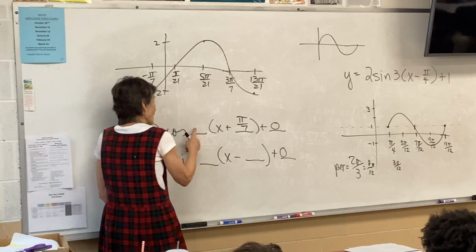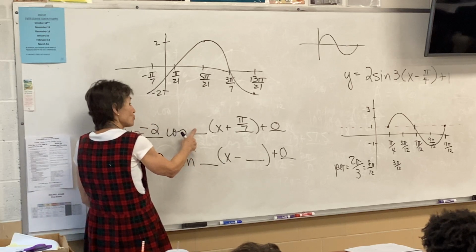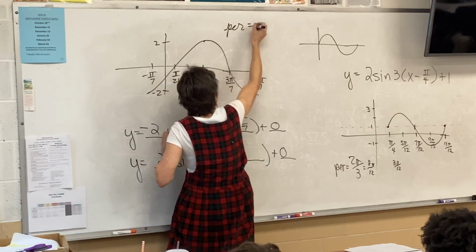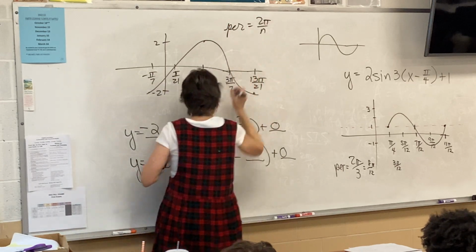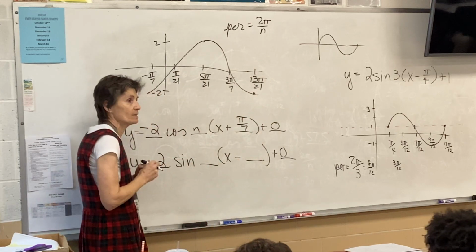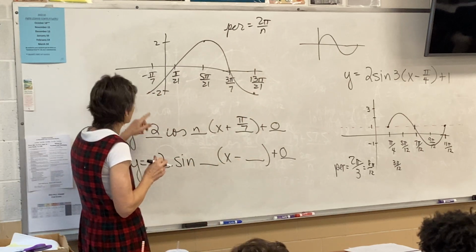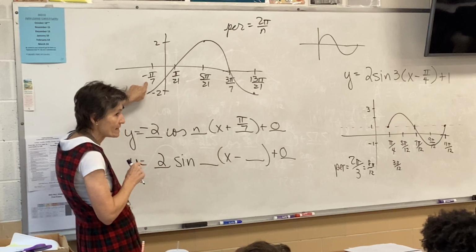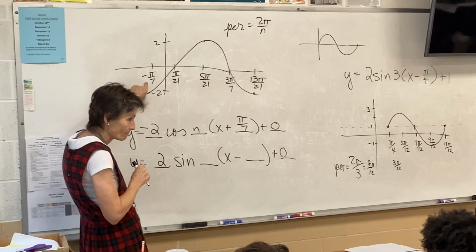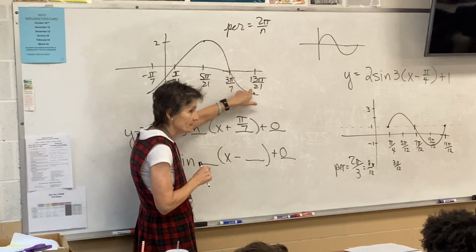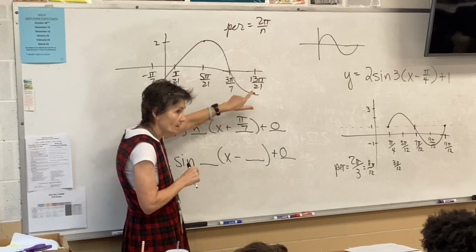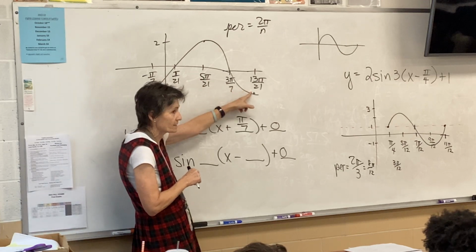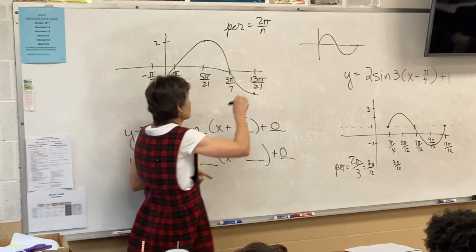And now I need to figure out this number, which controls the period. I know that my period is 2 pi divided by this number right here, whatever that number is. Well, what is my period? I'm going from negative 3/21ths to 13/21ths. How far is that from negative 3 to 13? 16/21.